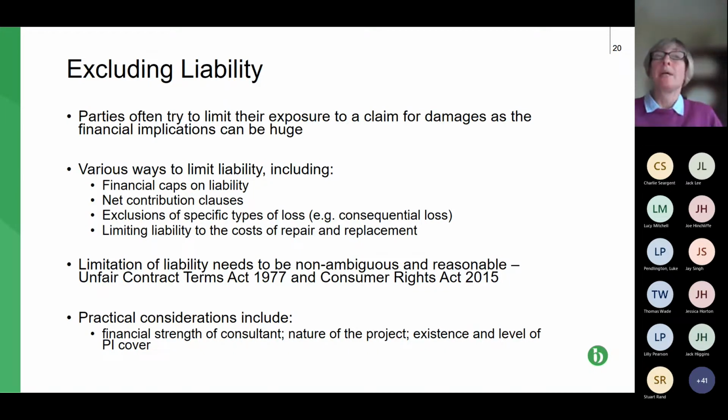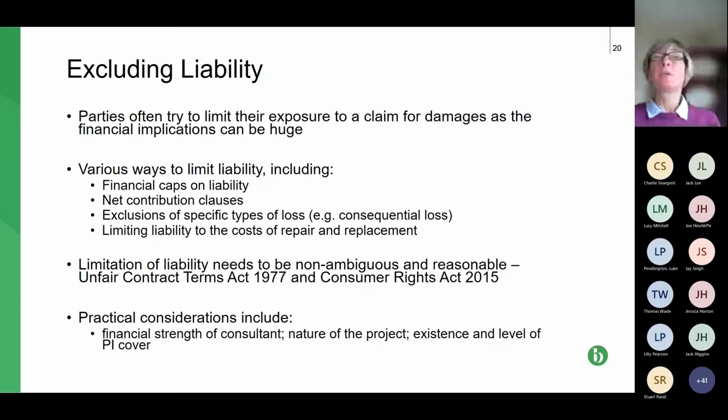You can limit it by way of a net contribution clause, which is effectively saying, if there are two of us, two parties responsible for loss, so with a contractor it might be the contractor and an architect, then the losses paid by each and recovered by the party claiming are recovered based on the culpability of either party, and that's to avoid, from your perspective, the contractor having to pay up and then try to claim from the architect.